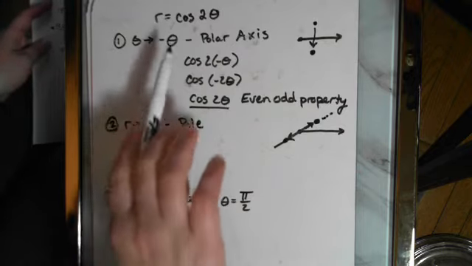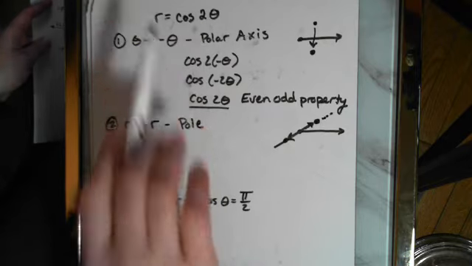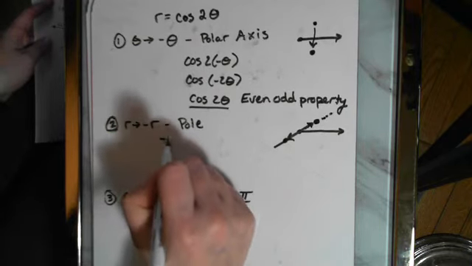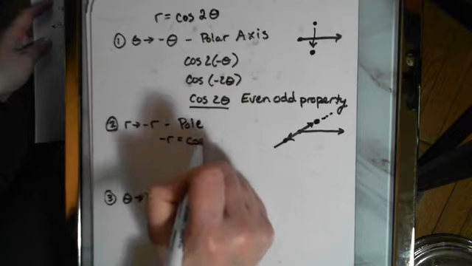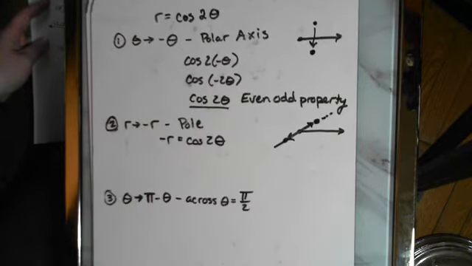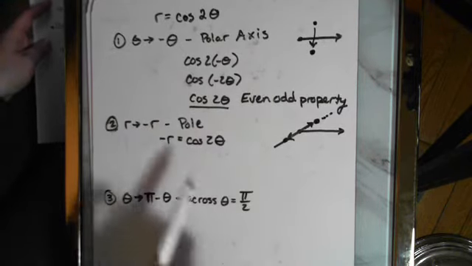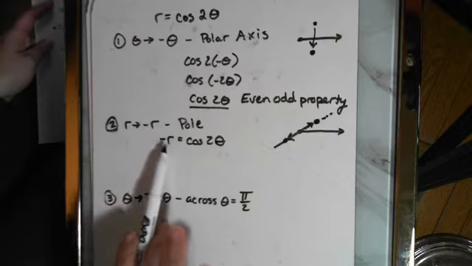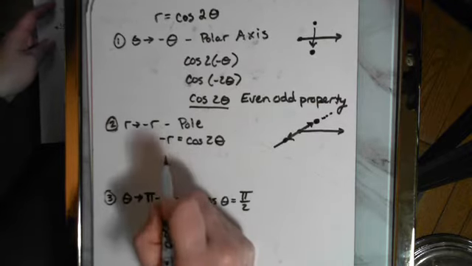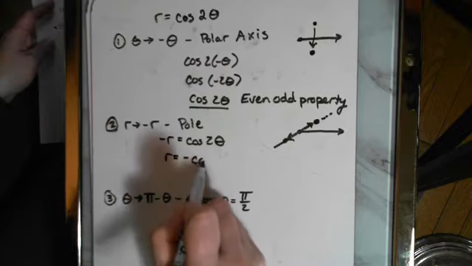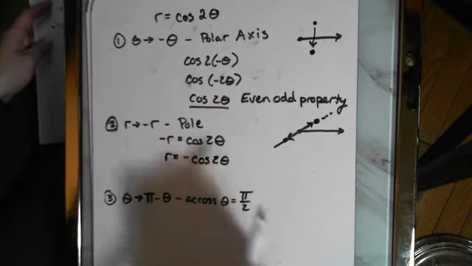So I'm going to take my function and replace r with negative r. So this becomes negative r equals cosine of 2 theta. Okay, so what I'm going to do is divide to get the r alone. So I get r equals negative cosine 2 theta.